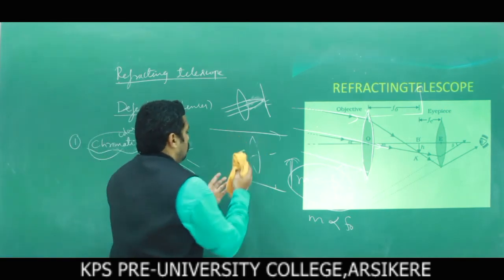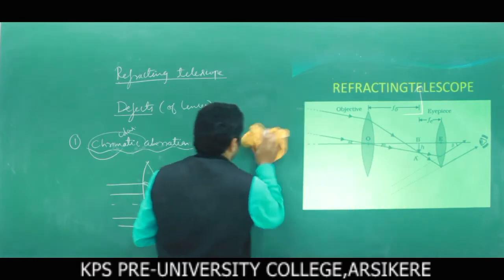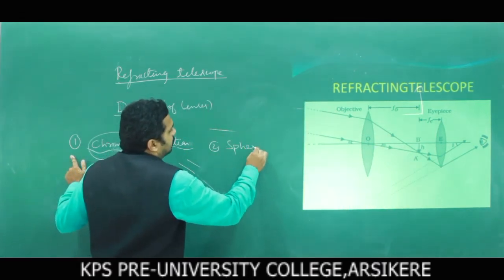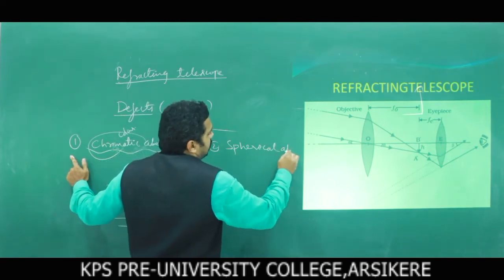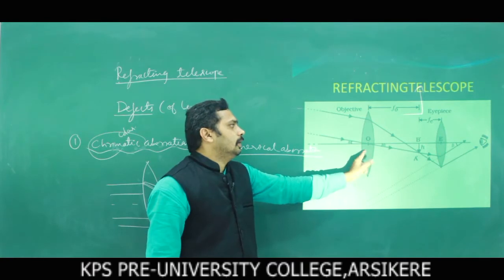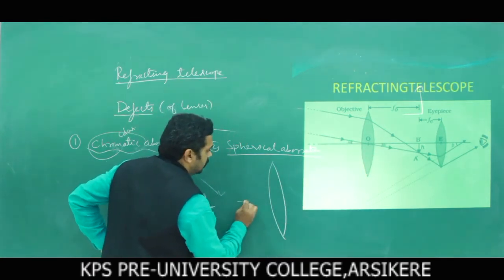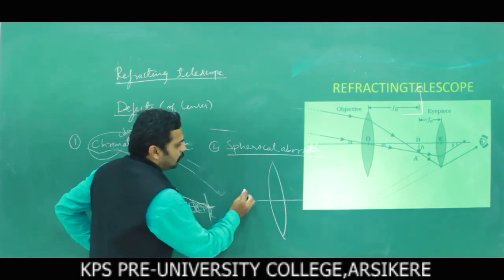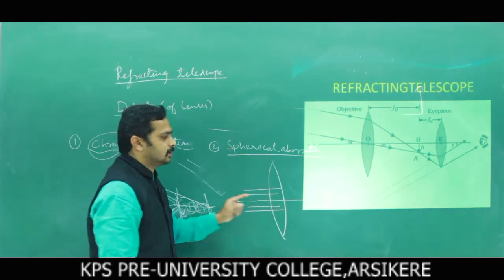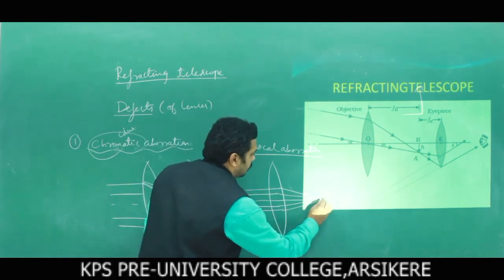Now, the other defects. Which are the other defects? The second one is spherical aberration, because these are all spherical lenses we are using. What is spherical aberration? Suppose you send rays of light here. After refraction, the refracted rays meet here.